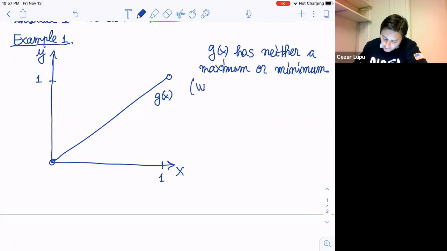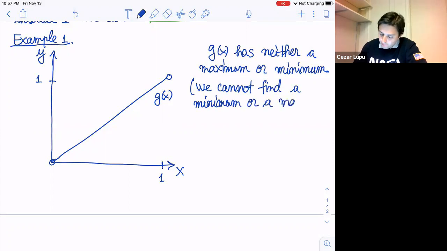So we cannot find a minimum or a maximum y value.